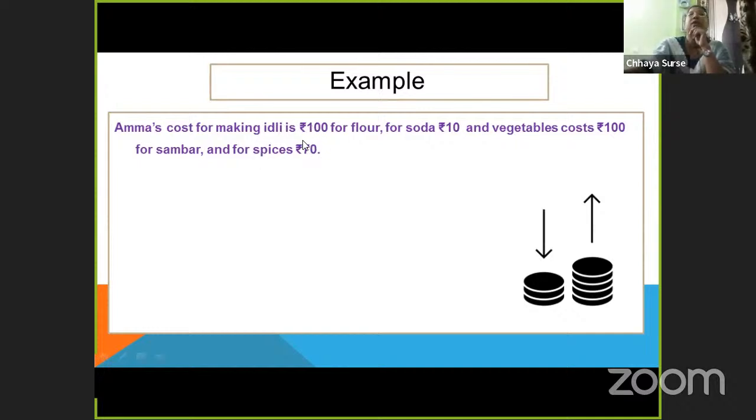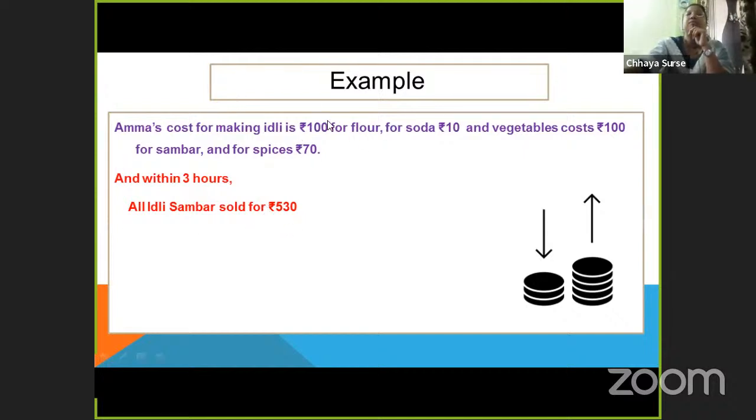So what is the total? Total means we have to add the numbers when we want to find the total. Within 3 hours, all idli sambar sold for 530 rupees.